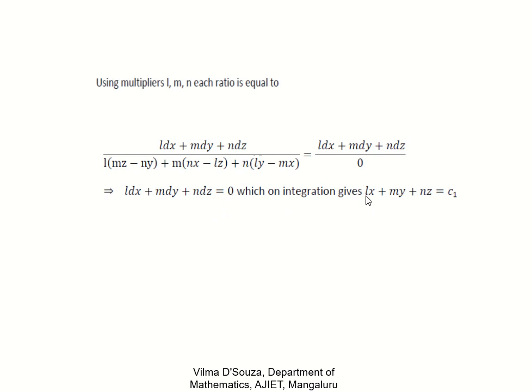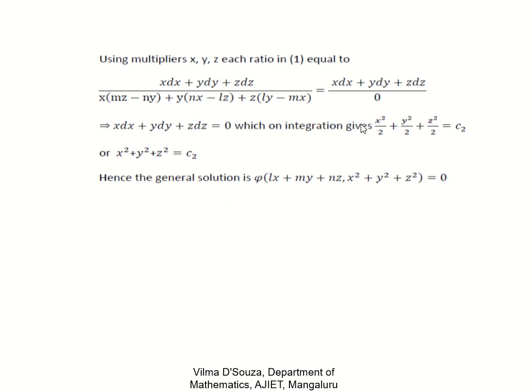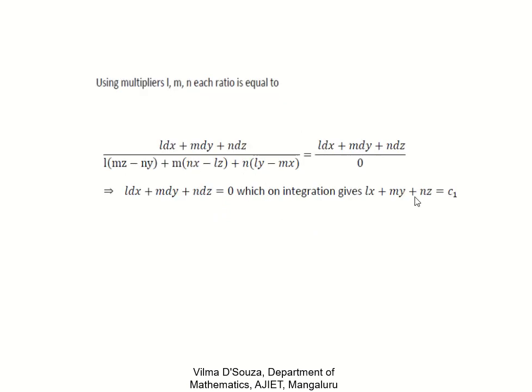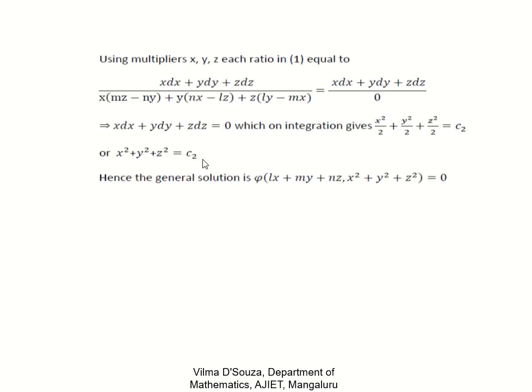So you have got one solution as lx plus my plus nz is equal to C1, and one more as x square plus y square plus z square is equal to C2. So this is u is equal to C1 and this is v is equal to C2. So your general solution will be phi of u comma v equal to 0.